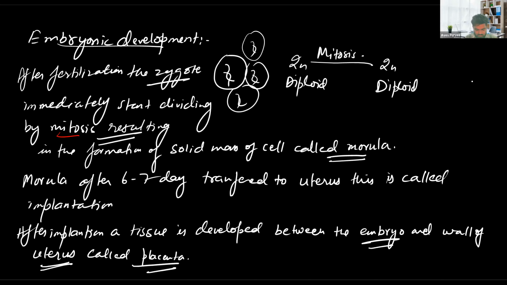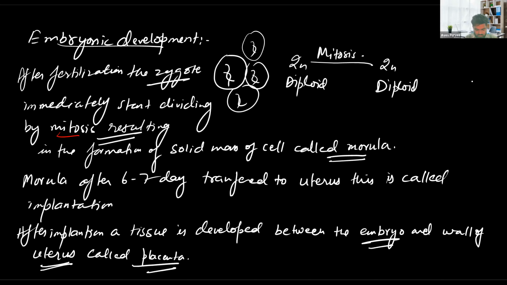We call it labor pain, and finally the baby comes out, and the umbilical cord is surgically cut and detached from the baby. So at the time of parturition, the uterus contracts and relaxes several times due to the secretion of oxytocin, which is called the birth hormone.